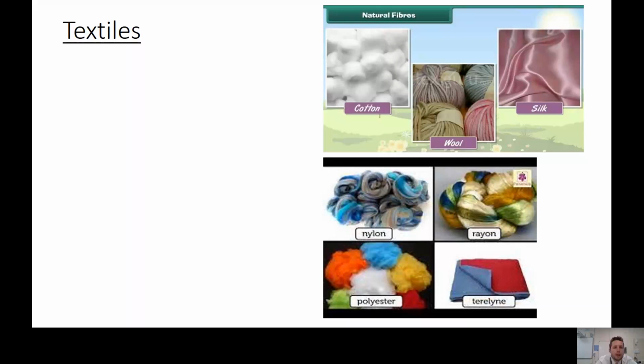Clothing, football goal nets, accessories, curtains, sofas, furniture, all these products, in the interiors of cars, all of these products are made using textiles. So where do our textiles come from then?